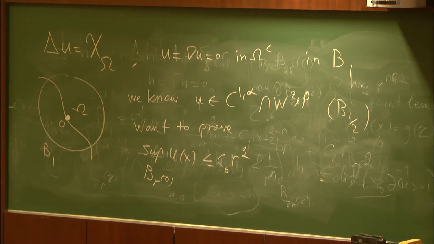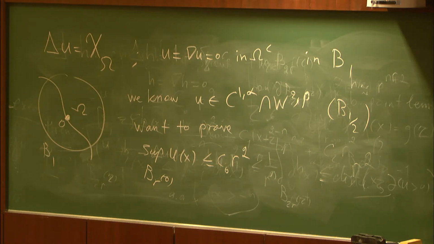Because at the beginning you can assume that you know already that the supremum of u is bounded by, let's say, 100. So the ball of radius 1 is like 100 times r squared, r is 1. But the ball of radius 1/2 is like 200 times (1/2) to the power 2. And then maybe 1 billion times this. And then this just becomes larger and larger when you approach. At some point it might also go smaller, but there is at least a sequence that goes larger and larger.